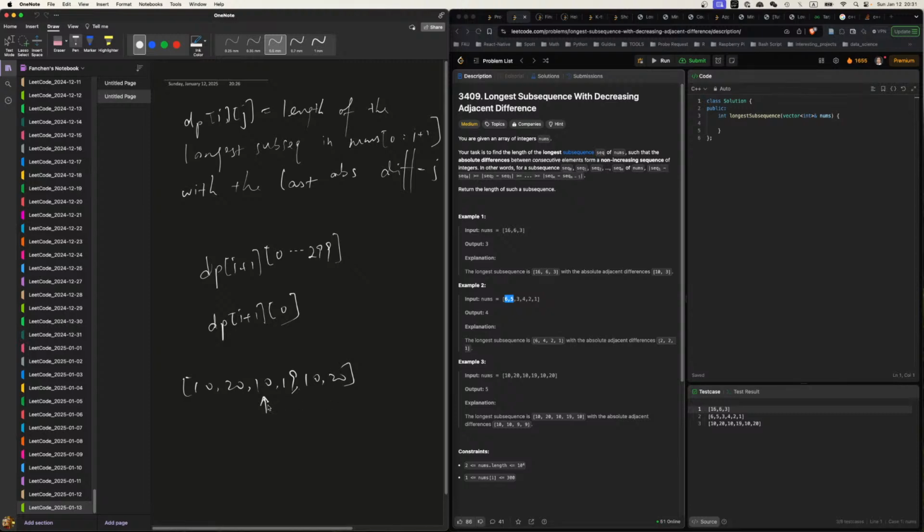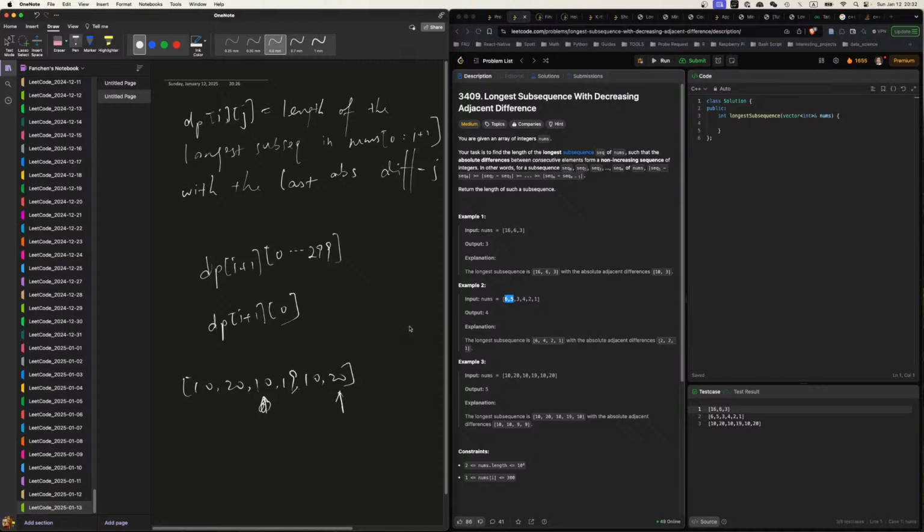Now here, if we go through the whole thing, we're looking at this one. You look at the previous: the ending is at this 10, with the difference being 9. Now you're at 20, so it doesn't work, because the difference is 10. You need the difference to be 9.